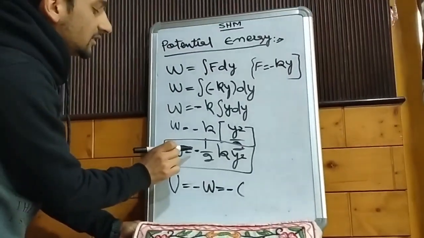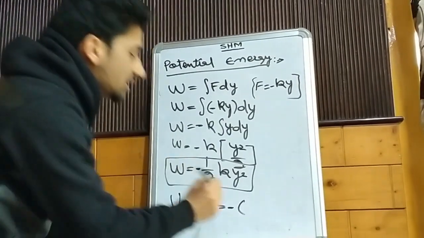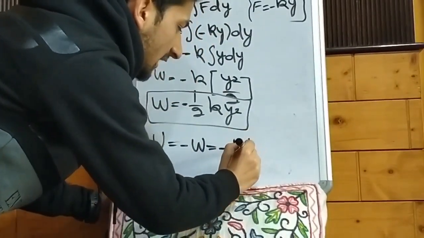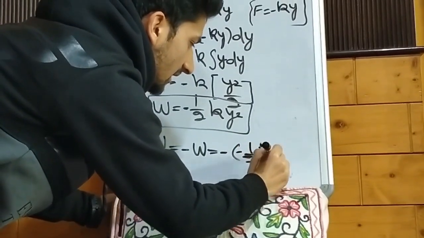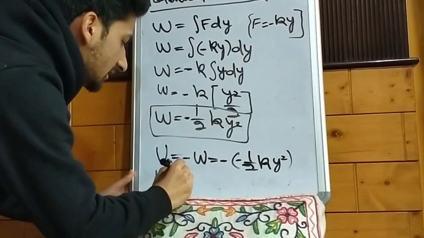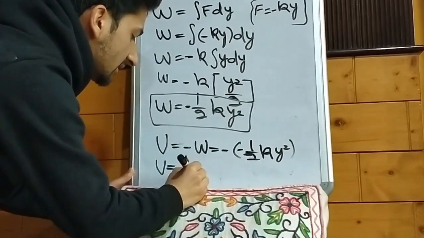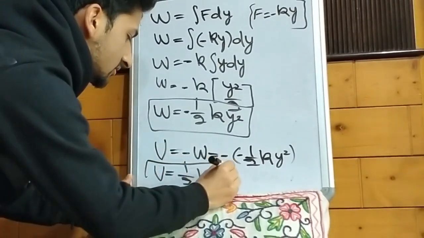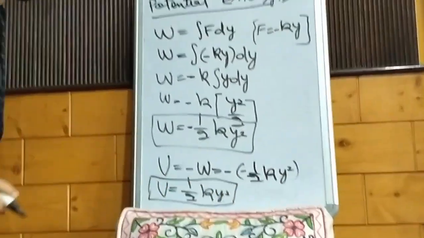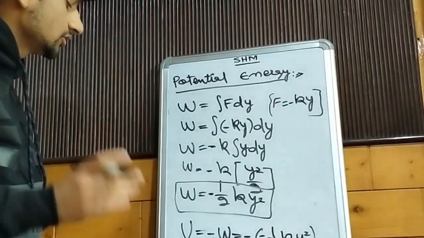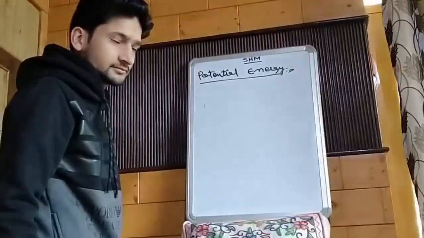We have calculated it over here as minus 1 by 2 ky square, so potential energy will be equal to 1 half of ky square. This is the expression for the potential energy of a particle executing simple harmonic motion: U equal to 1 half of ky square.